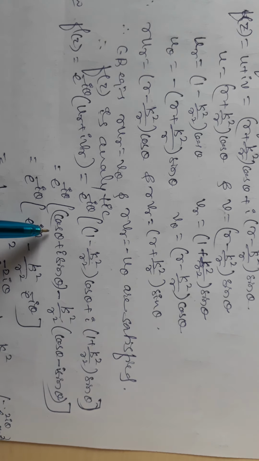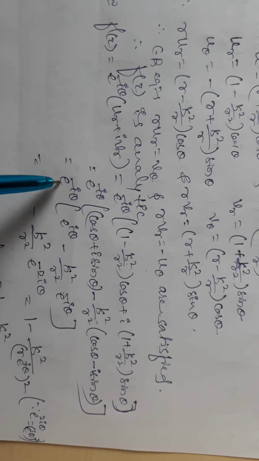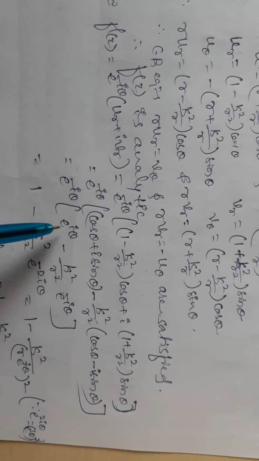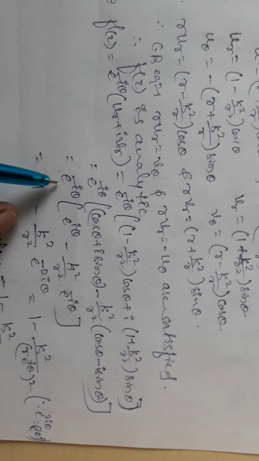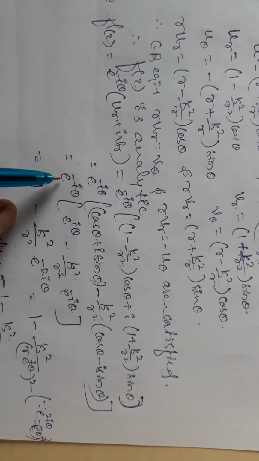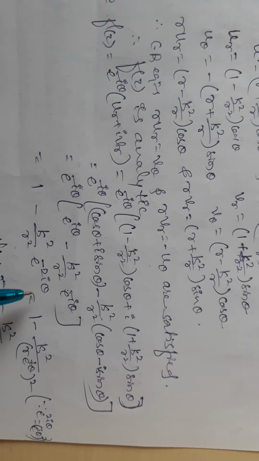We know that cos theta plus i sin theta is e to the power i theta, and cos theta minus i sin theta is e to the power minus i theta. Therefore e to the power minus i theta into e to the power i theta, minus k square by r square into e to the power minus i theta. Multiplying e to the power minus i theta inside, this term cancels, which equals 1 minus k square by r square. e to the power minus i theta into e to the power minus i theta is e to the power minus 2i theta.